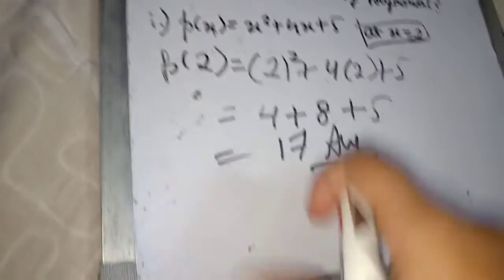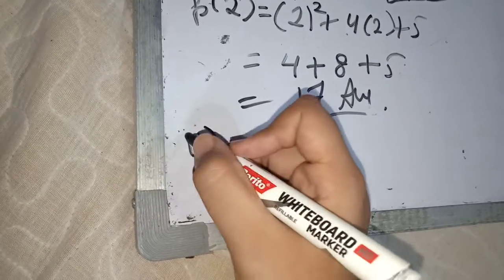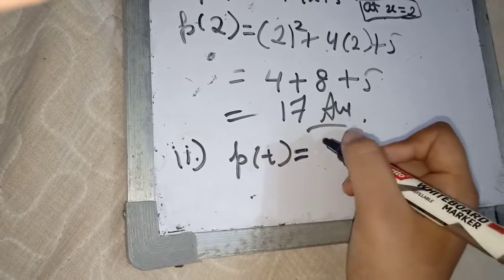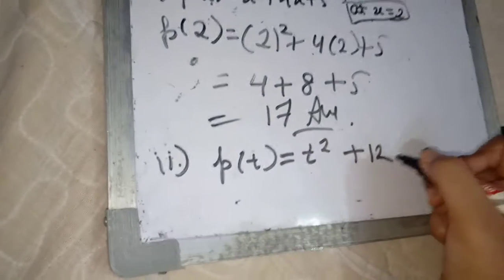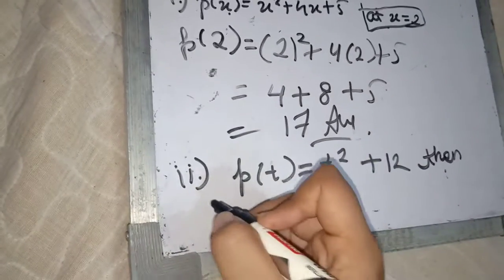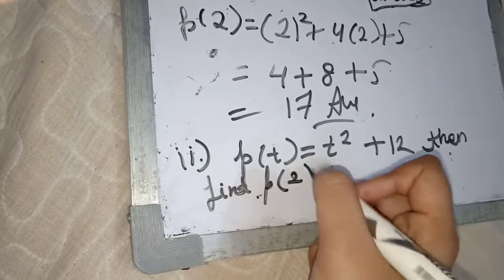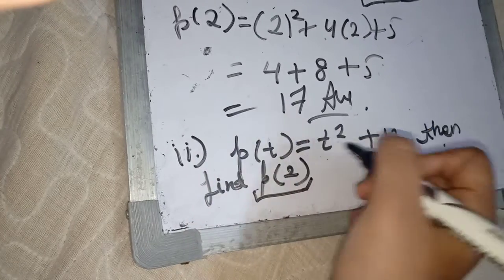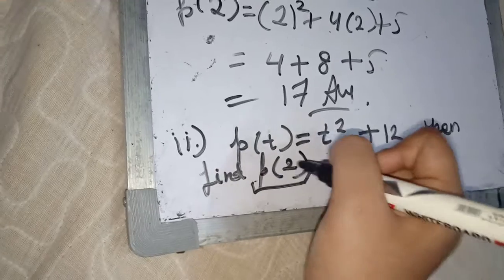Now the next question that comes in the exam is that p of t is equal to t square plus 12, then find p of 2. So here it is already given that p of t is equal to this, and they have also given p of 2.